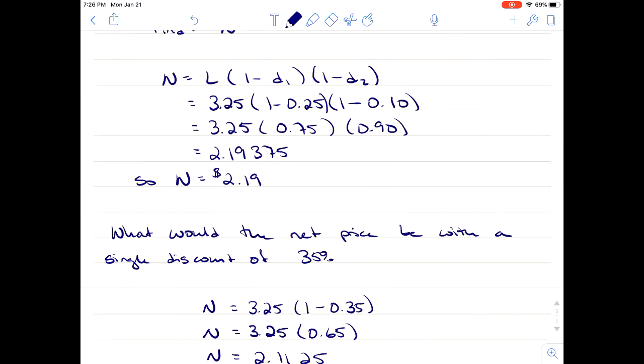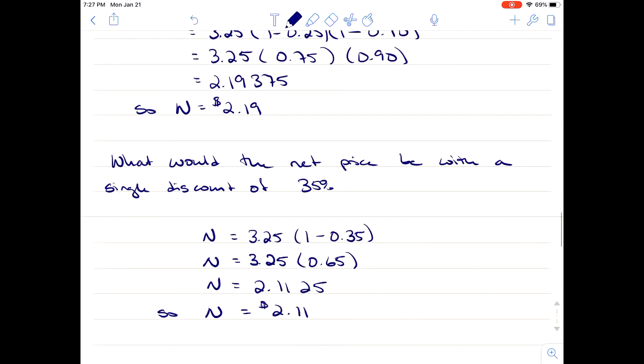I need 1 minus something to be the same as 0.75 times 0.9. But we'll parking lot that for a little bit. Here's the takeaway: we can't just combine discounts and apply them. We have to do them consecutively, 25% and then 10%.